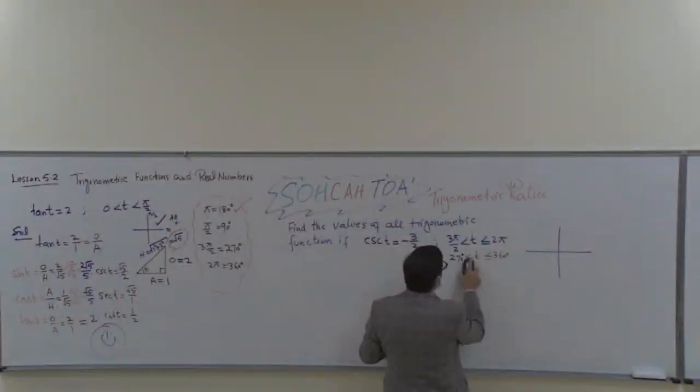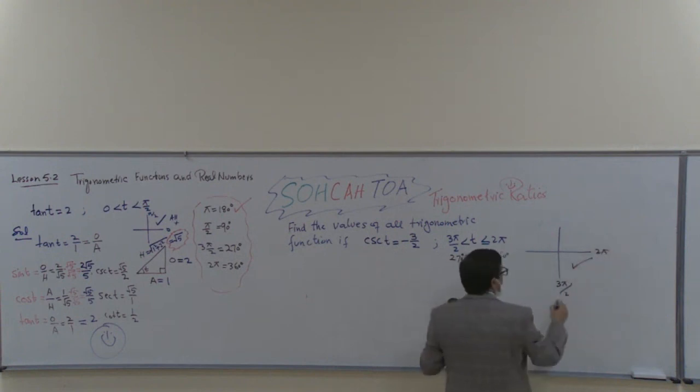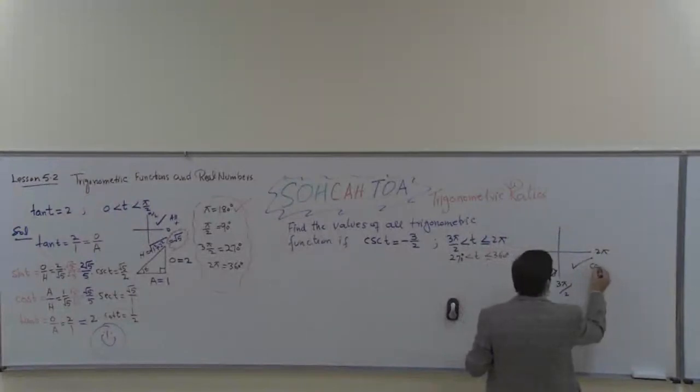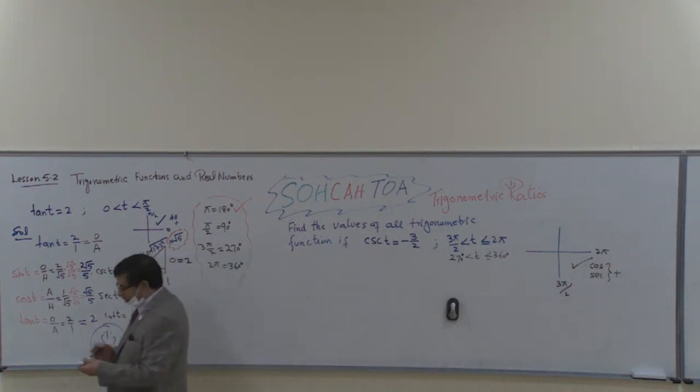So in radians, we will use the values in radians in future, please. And 270 is over here, 3 pi over 2 is over here, and when you take a complete rotation, this becomes 2 pi. So we are working in this quadrant. Which functions are positive in this quadrant? Okay, so the rest of the functions are negative there. So find all the trigonometric function ratios, please.